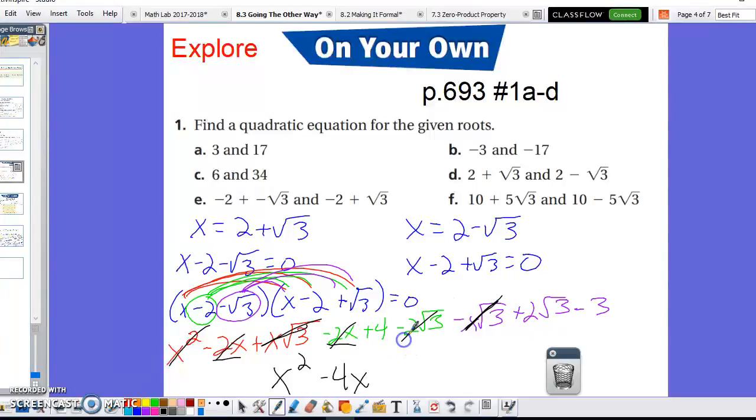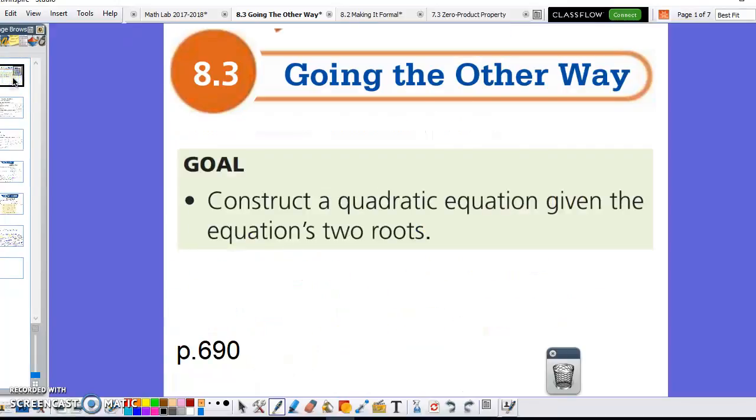And negative 2 square roots of 3 and positive 2 square roots of 3 cancel out as well. I'm left with 4 minus 3, which gives me a plus 1. And there's my equation, and I'm done. So that's a quick and dirty review over writing the quadratic equation when we're given roots, going the other way, as the title of the lesson said.